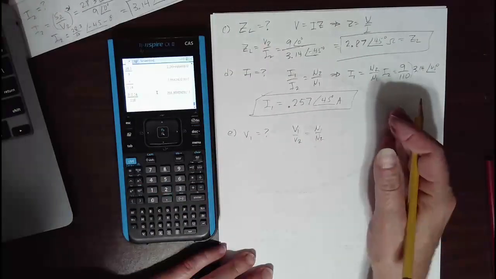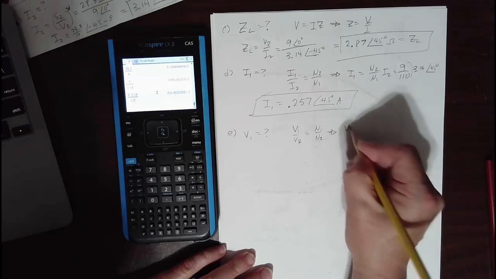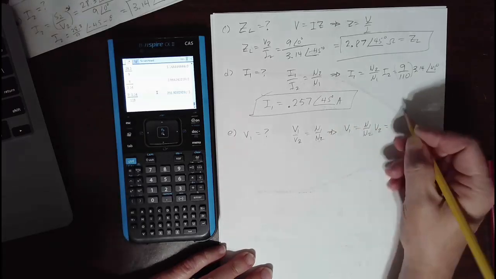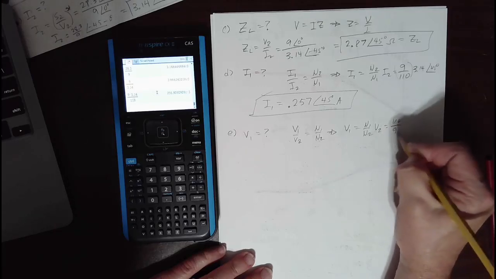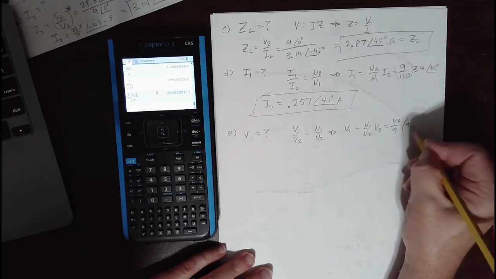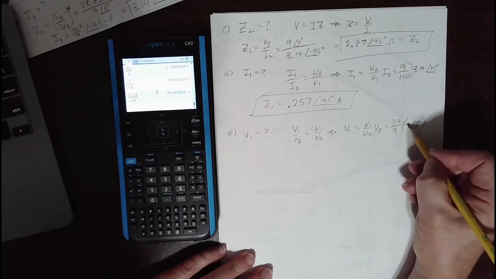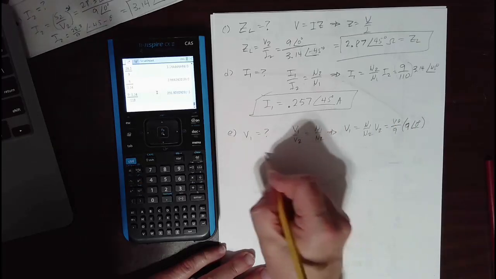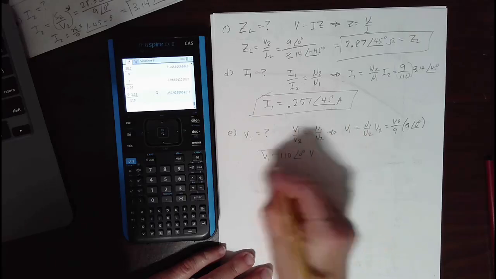So bigger N, bigger V. And so V1 is N1 over N2 times V2. That is 110 over 9 times V2, which was 9. Since we made the load be at its rated voltage, V1 is just going to be 110, angle 0 degrees.